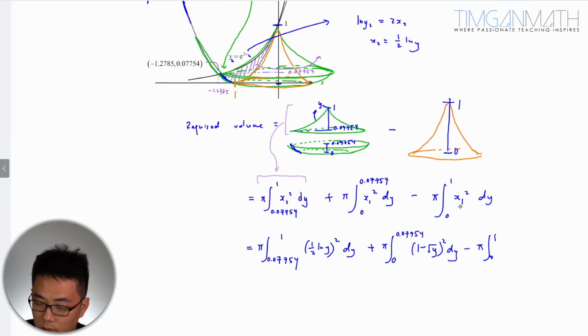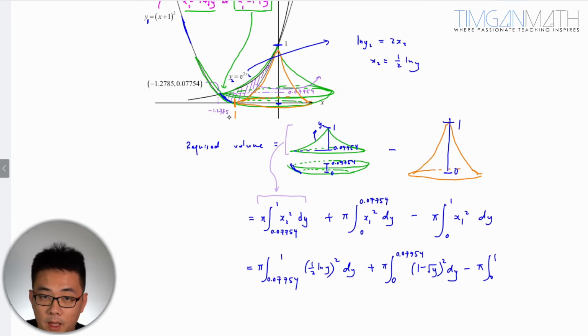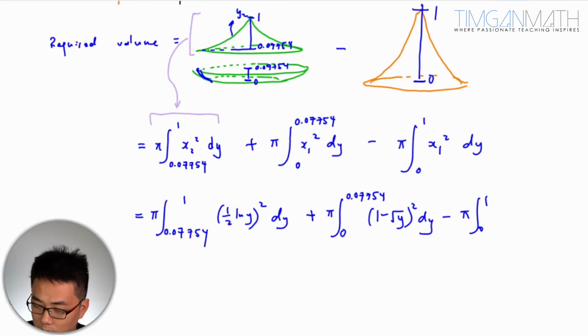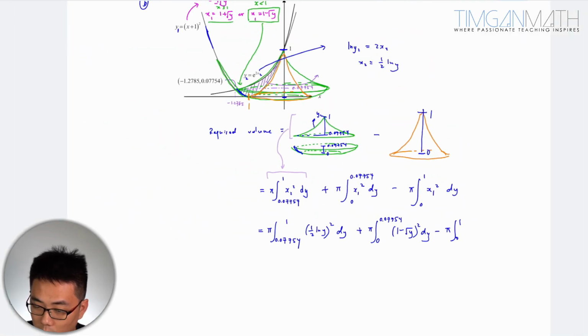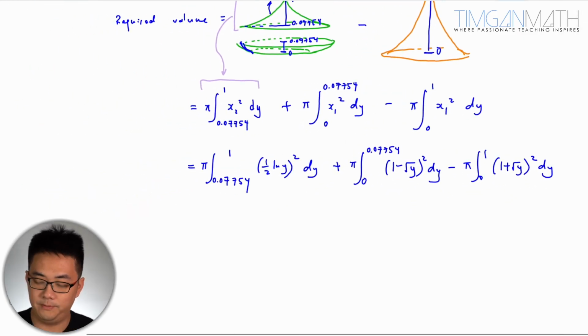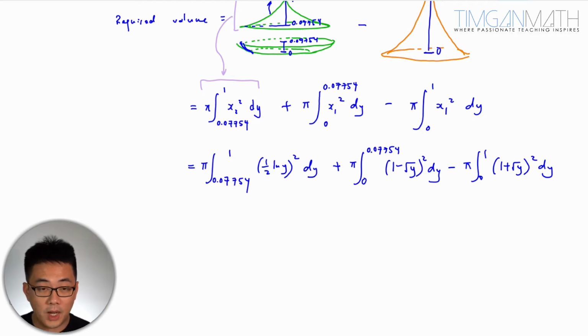So x1 will be here, and then x1 will be 1 plus root y square dy. There you go. This should be your answer.